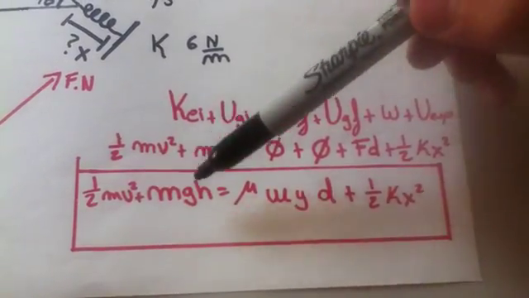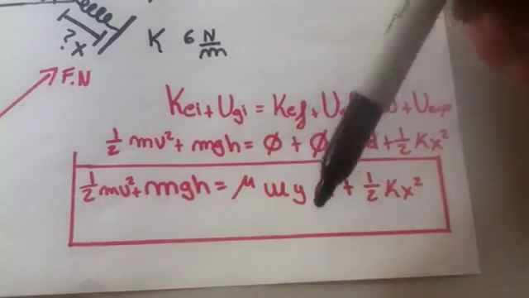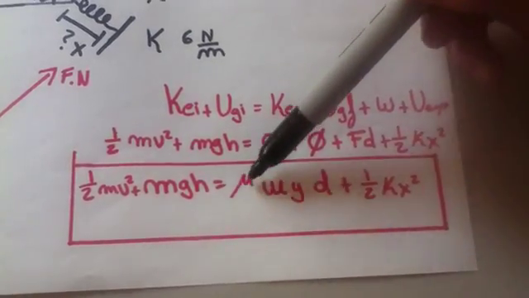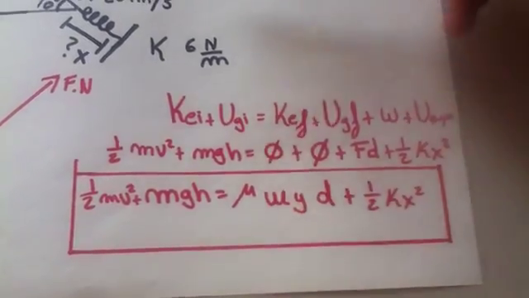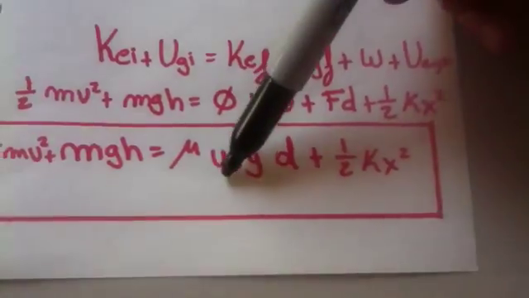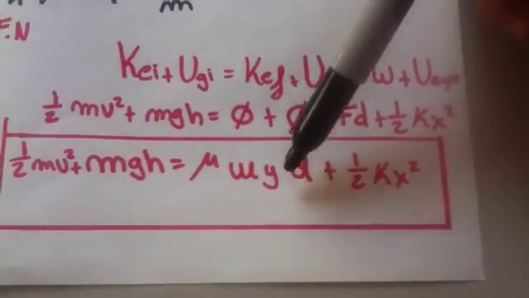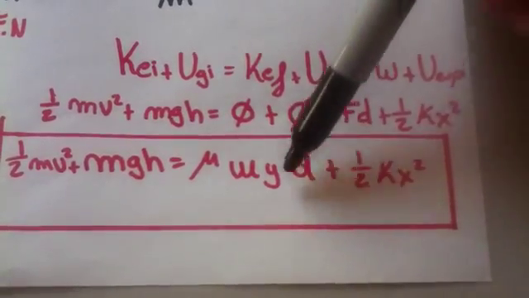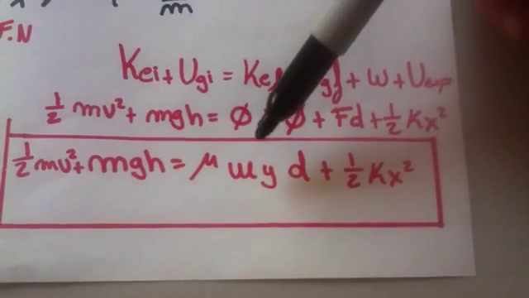1/2 mv squared plus mgh is equal to the coefficient of friction, that is given in the problem right here, times the weight in y times the distance. Why does this happen?